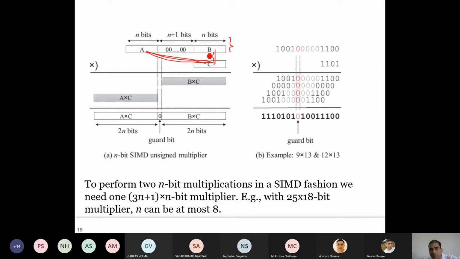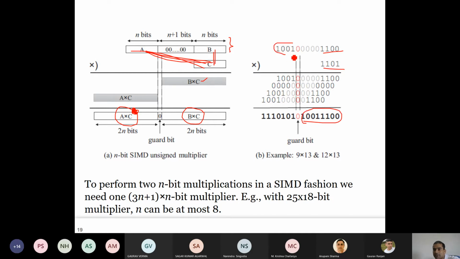So here with a single multiplication, I will compute B into C, that will come on the least significant bit side, and A into C, that will come on the upper bits, most significant bits. Fine. So here is an example. Suppose I want to compute 1100 into 1101. So that answer is here.